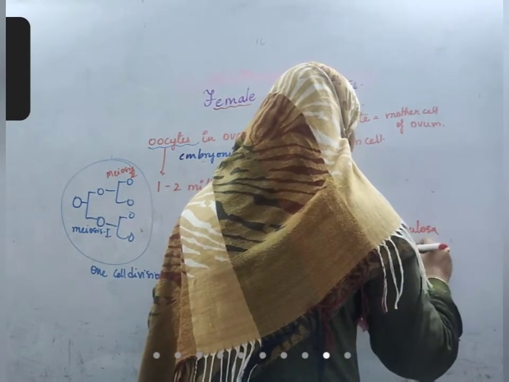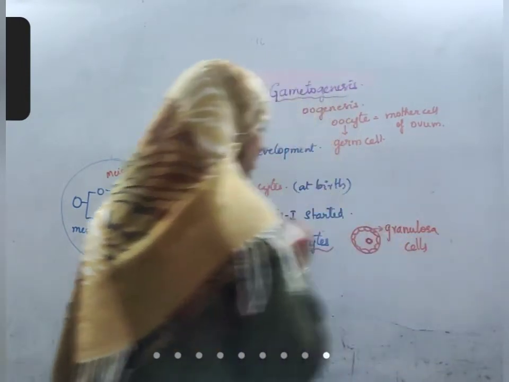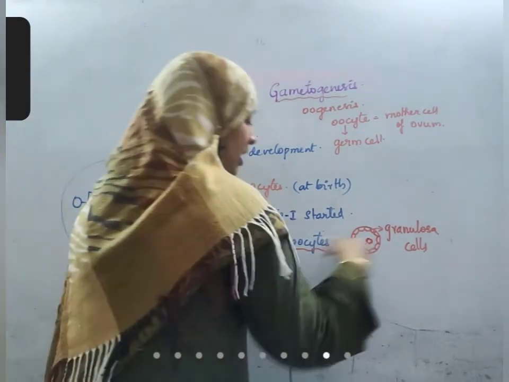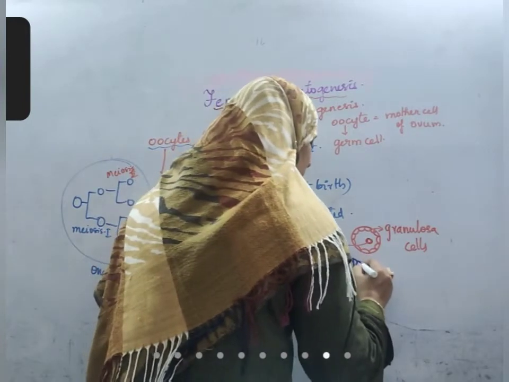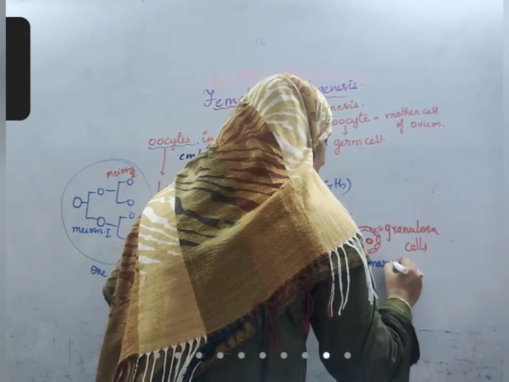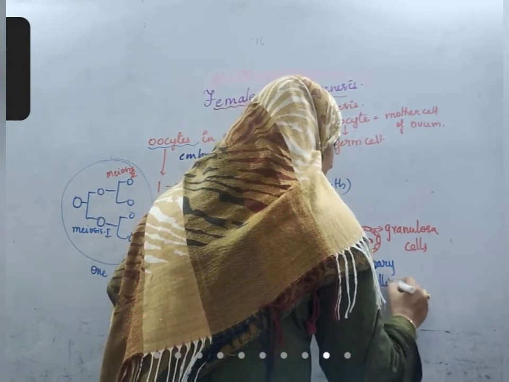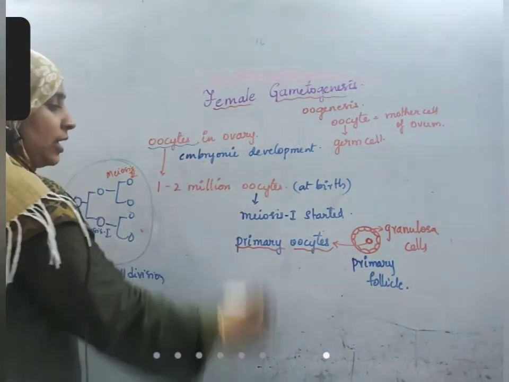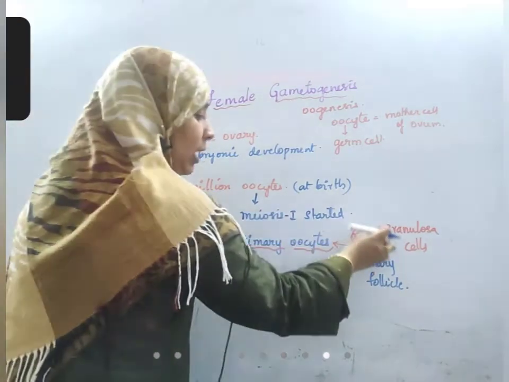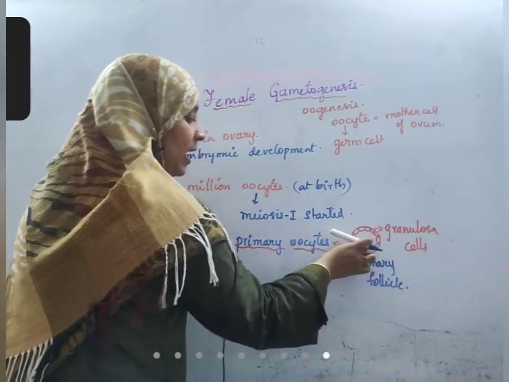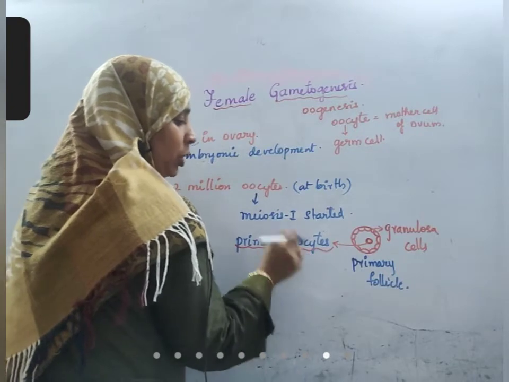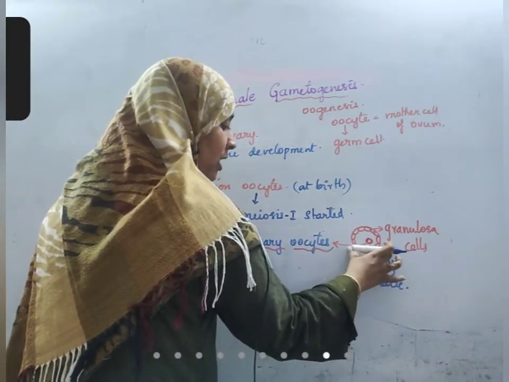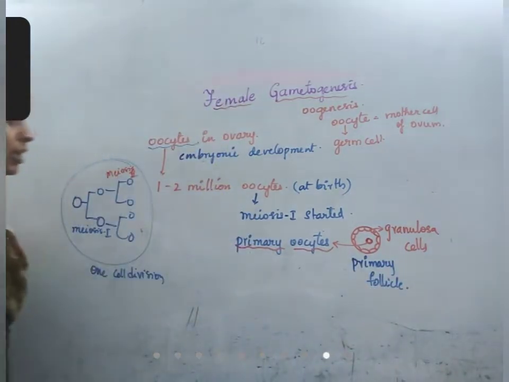Granulosa cells form one layer, inside which the primary oocyte is present, and this is called the primary follicle. The oocyte present inside the ovary develops one layer of granulosa cells and enters into meiosis 1, and at this stage this total structure is called the primary follicle.